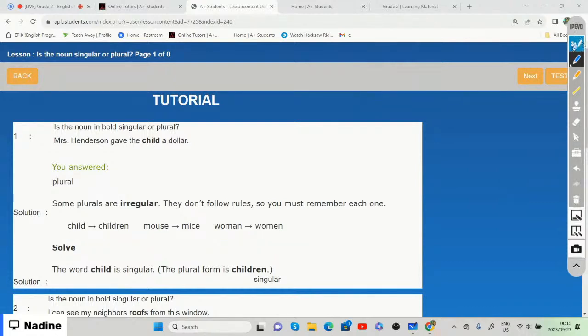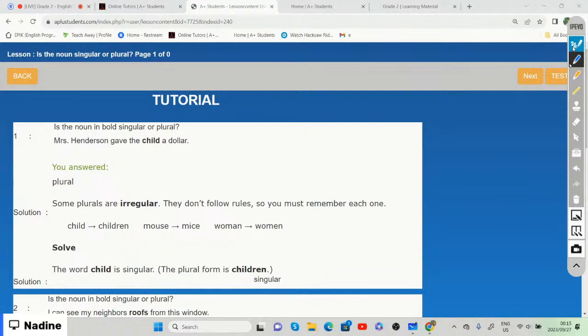All right. To look at the activity, we need to say: is the noun in bold singular or plural? Mrs. Henderson gave the child $1.